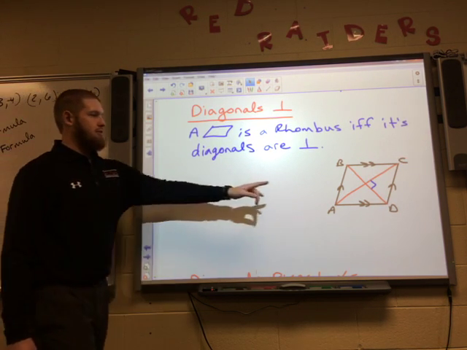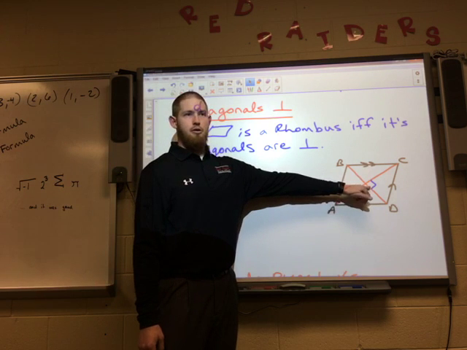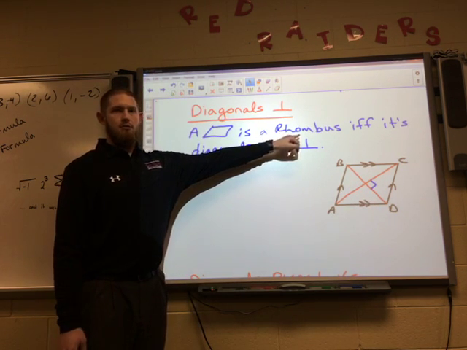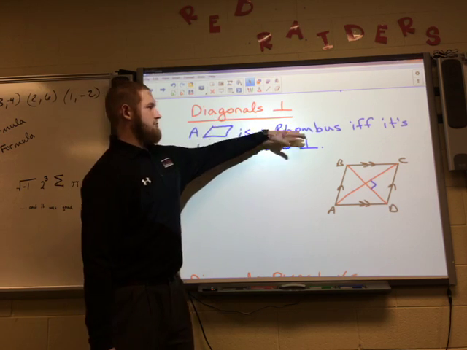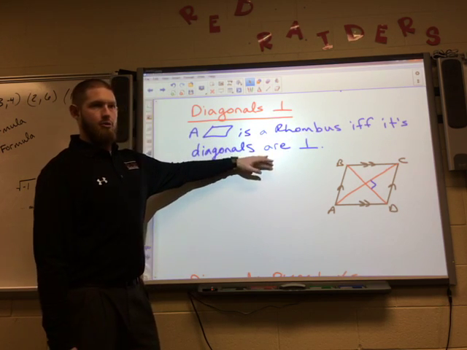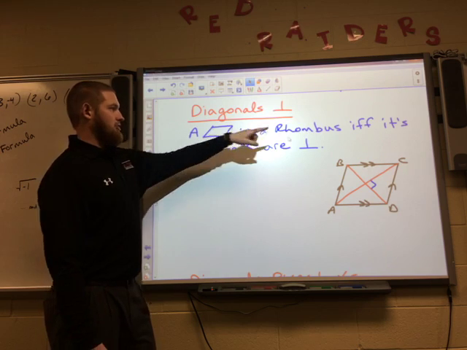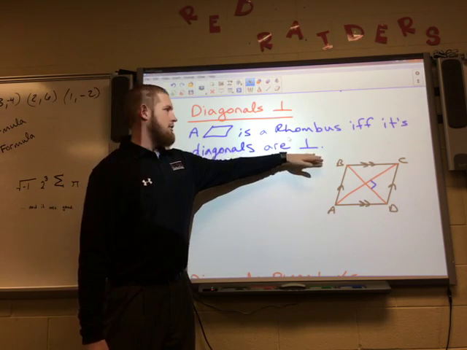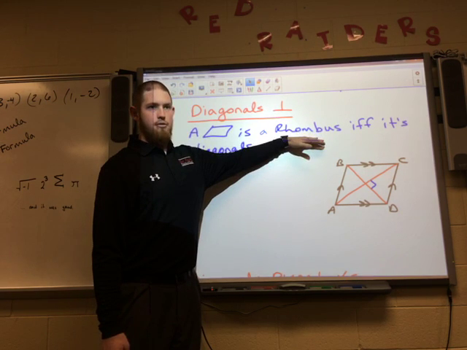They showed you that these diagonals were perpendicular to each other. You should have told me it was a rhombus then. Because if it's a rhombus, then diagonals are perpendicular. Also, since it's biconditional, if diagonals are perpendicular, then it's a rhombus.